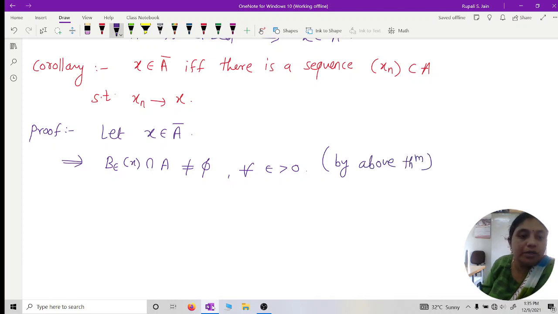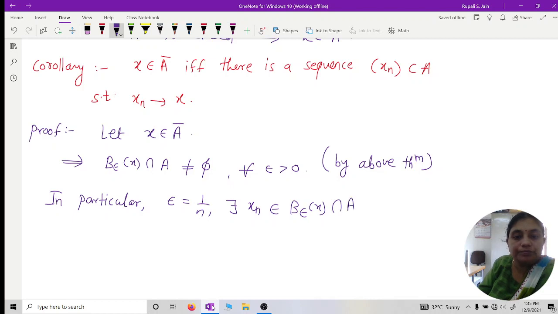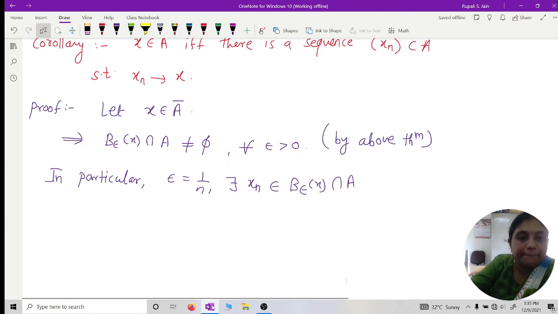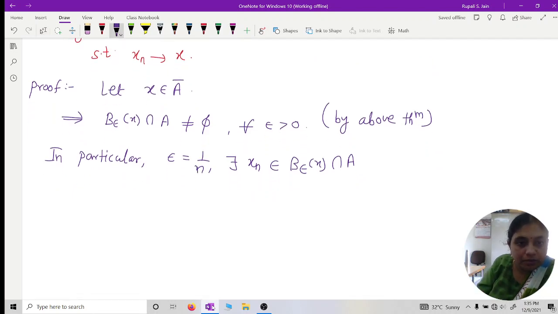Right? So in particular, for epsilon equal to 1 by n, there exists xn belonging to B epsilon of X intersection A. So this implies xn belongs to B epsilon of X and xn belongs to A also.